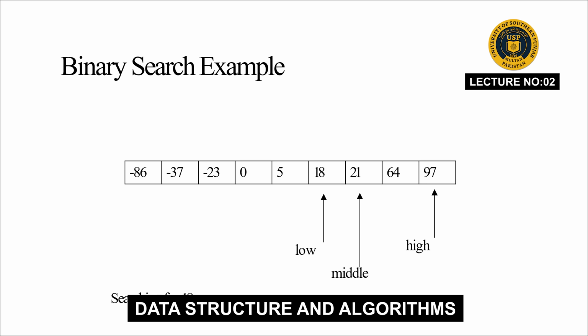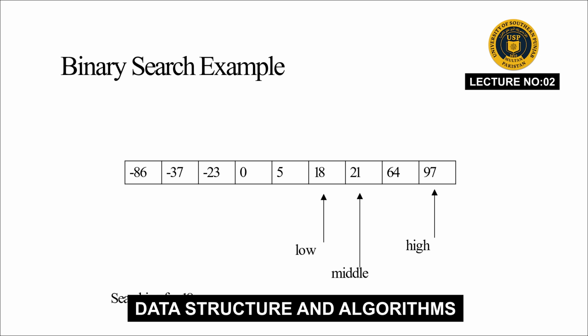Now, since 18 is greater than 5, we ignore the left half and search in the right half. New range: low is equal to 5 and high is equal to 8.